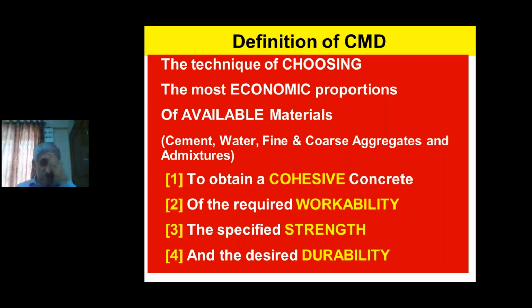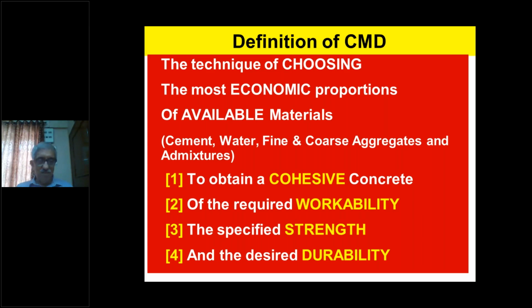As per Mr. Remedios, the definition of CMD, concrete mix design, is a technique of choosing the most economic proportion of available materials. The skill of the engineer will depend on how well he used the available materials. There's no point in getting good aggregate from kilometers away to the batching plant because the transportation will be very high cost.